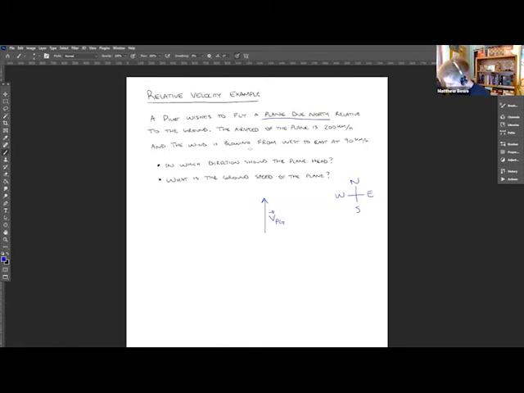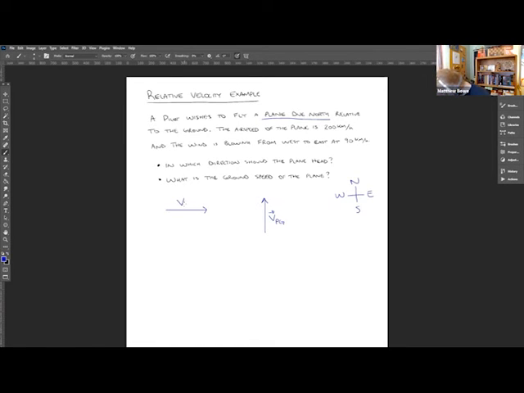And the wind is blowing from west to east at 90 kilometers per hour. So it's going from west to east, like that. That is the velocity of the air.